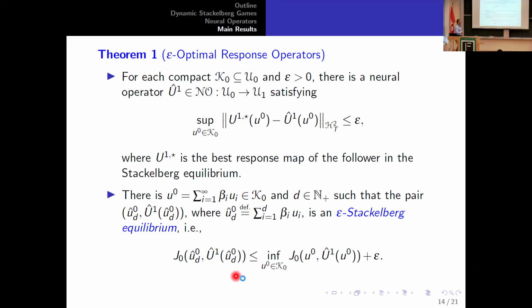That means the distance between the value of the leader under hat U0 D and the approximate best response hat U1, and the theoretical minimum value, is less than epsilon. That is why we call it the epsilon Stackelberg equilibrium.